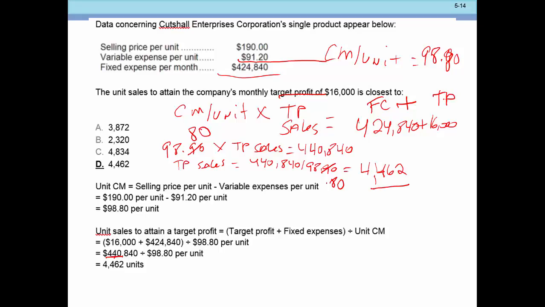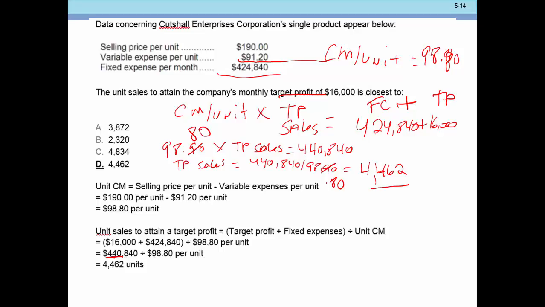So I just add the target profit to my fixed cost, and so now I'm saying my 98.80, which is my contribution margin per unit, times my target profit sales will equal my fixed cost plus, and I added in my target profit, didn't I?